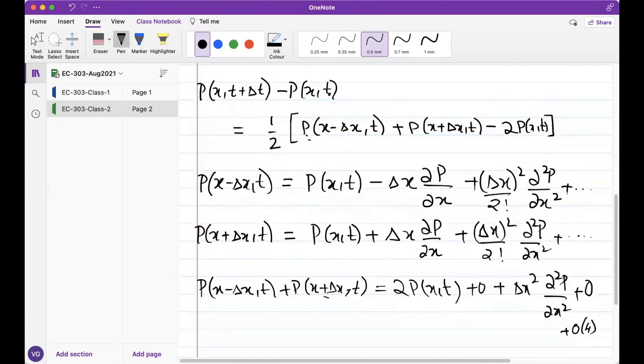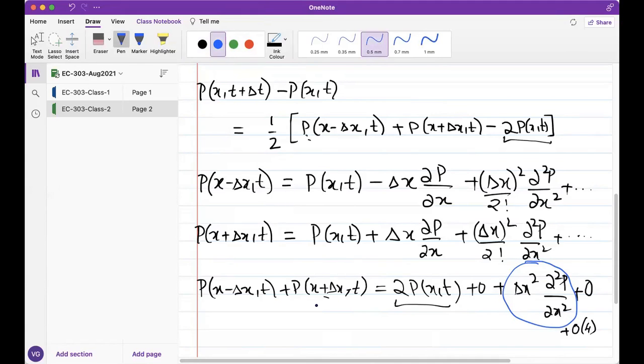Let us substitute this in the equation here. You can clearly see that the 2P of x, t we have gotten gets cancelled with this 2P of x, t. So what we are basically left with is this term. Is that right with everyone?